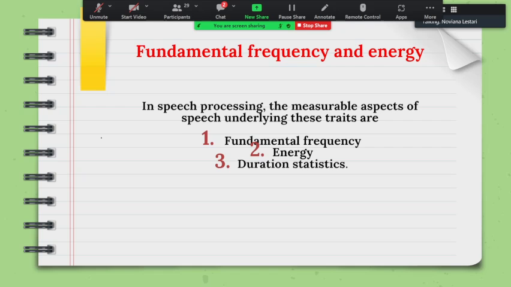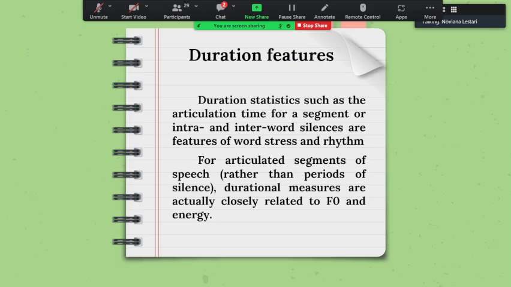Fundamental frequency and energy. In speech processing, the measurable aspects of speech underlying these traits are: the first is fundamental frequency, the second is energy, and the third is duration statistics. We move again to the next slide. Duration features.